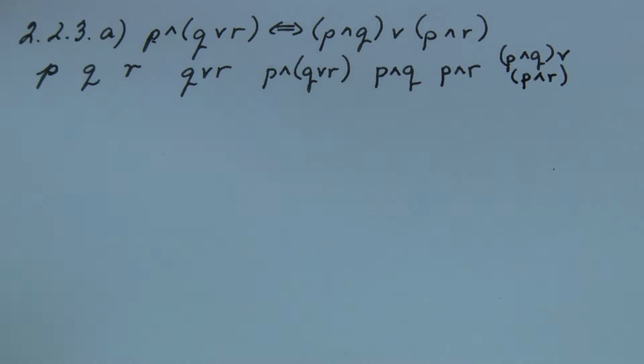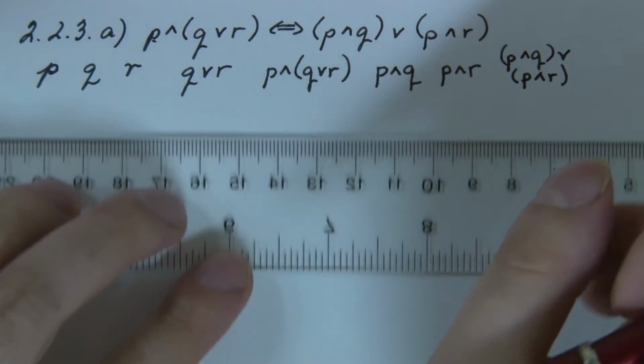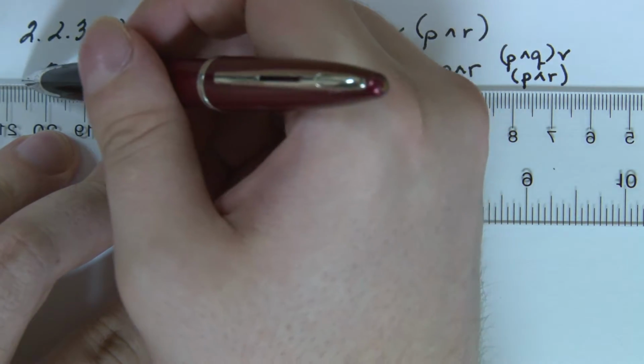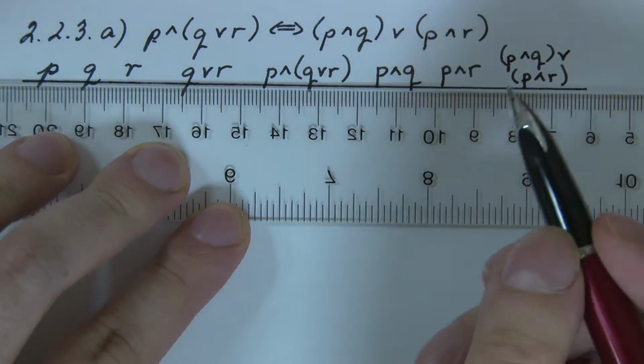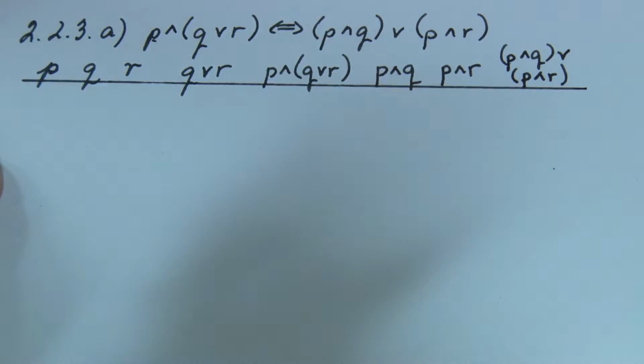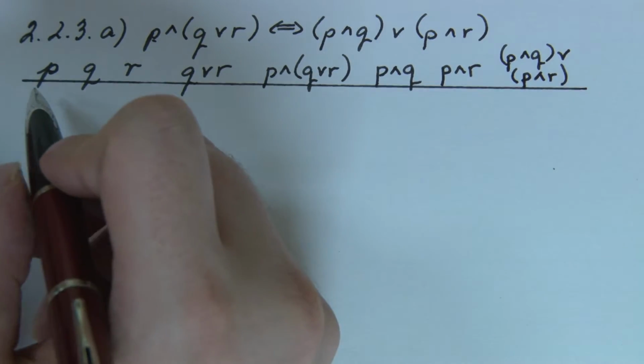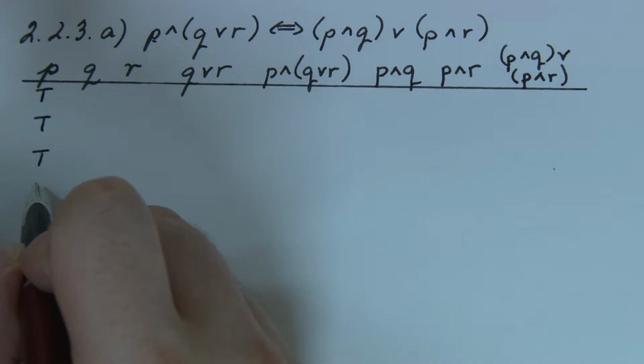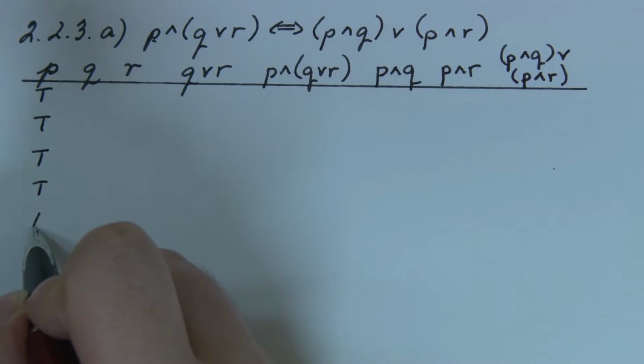I'll take out my ruler just to keep everything neat and tidy. Okay, so I have my 3 lines, so I'll go with 4 trues first, followed by 4 falses.